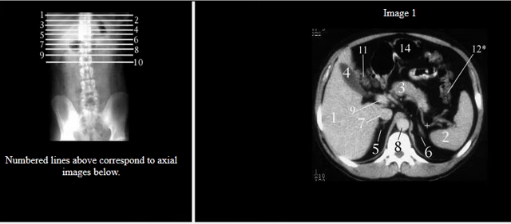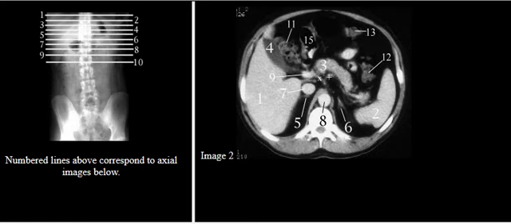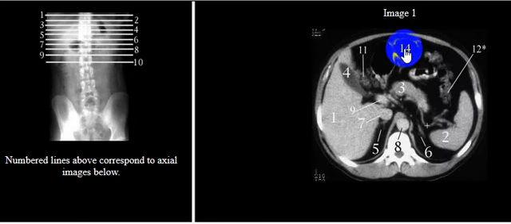The pylorus becomes hypertrophied in a condition called congenital hypertrophic pyloric stenosis, which usually presents in male patients with non-bilious projectile vomiting. As we see here, this is the distal part of the stomach.